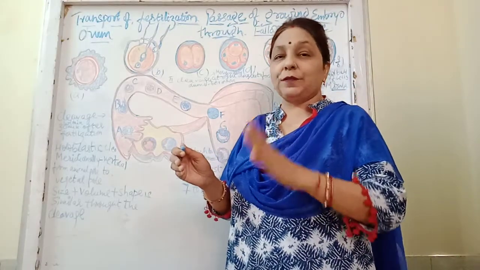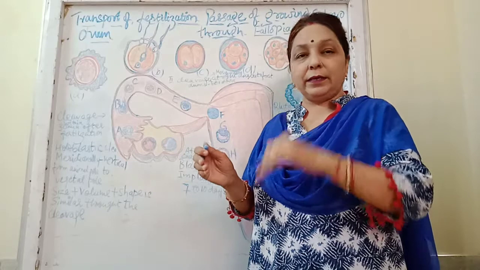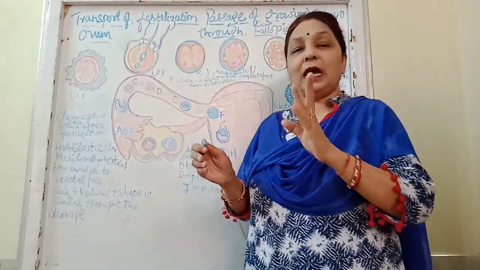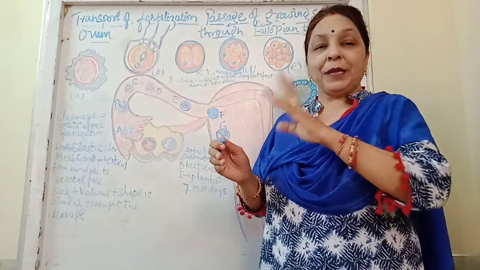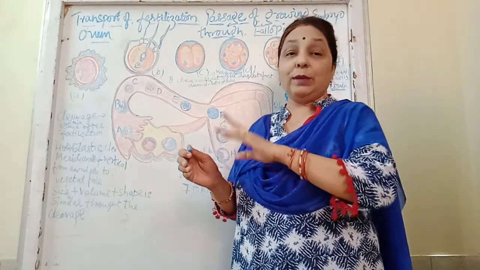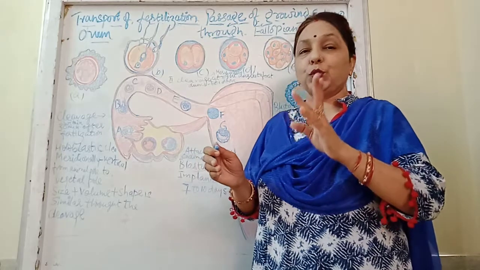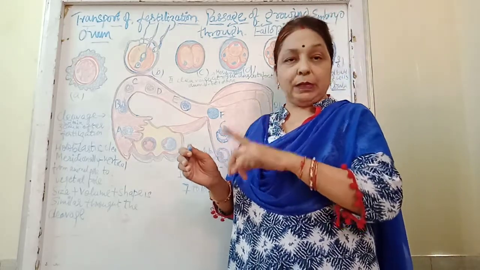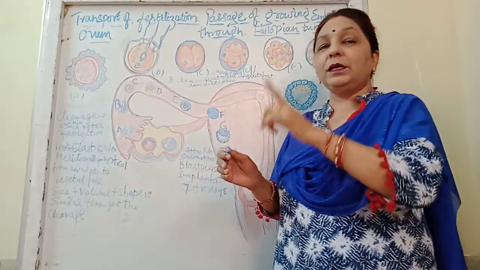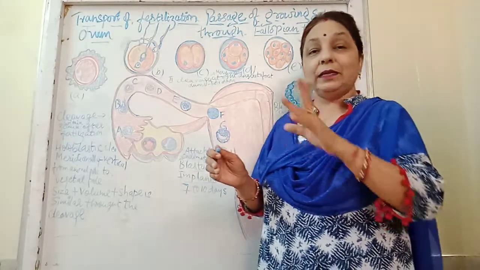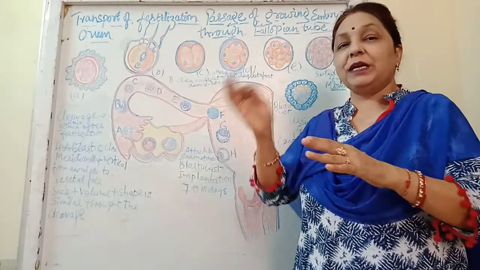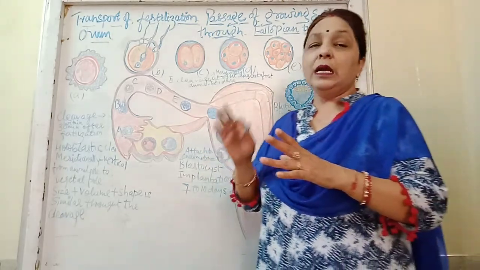The sex of this zygote is decided at this stage only. The female has the X chromosome, and the male has both X and Y. The sex chromosome of the female is X only, and the male produces 50% of spermatozoa with the X chromosome and 50% with the Y chromosome.